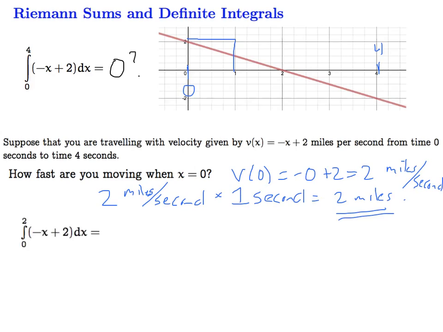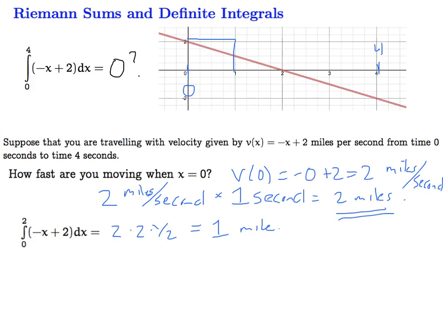Another thing I could ask is, what is the definite integral from 0 to 2 of negative x plus 2 dx? We could go through our whole limit definition here, but what we saw before is that since this is a positive function, we're really just trying to calculate the area up here. We're just trying to calculate the area in this triangle, and this triangle is going to be 2 units tall times 2 units wide times 1/2 since it's a triangle, so we end up getting 1 mile total.